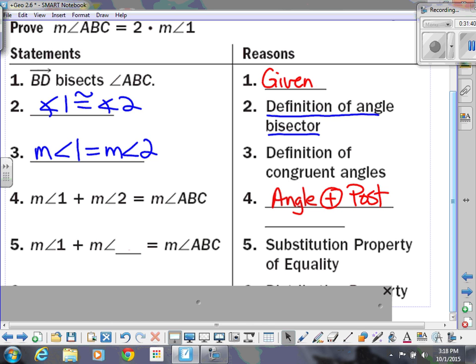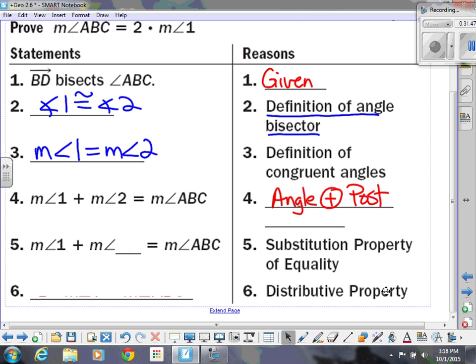So what are we going to be substituting for? I'm taking out the measure of angle 2, and what should I replace it with? Well, the only thing the measure of angle 2 is equal to is the measure of angle 1. So we're going to put the measure of angle 1 right here. So it takes 2 angle 1s to equal the big angle ABC.